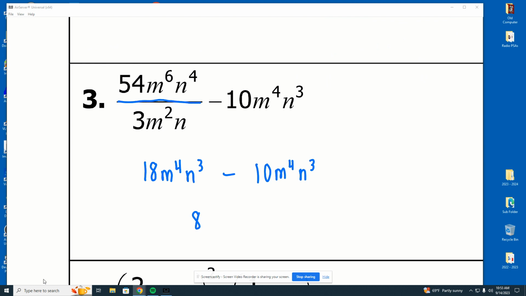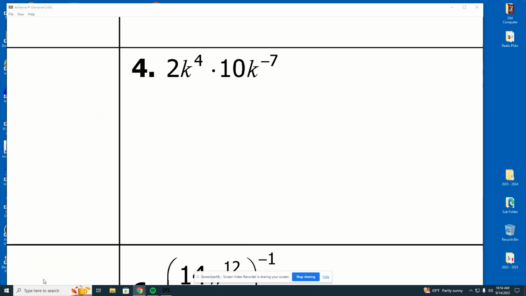No. When we add and subtract like terms, your variable stays the same. Okay? So, it's 8 m to the fourth n to the third. That's a common mistake that we make. Too much. Don't make it. Adding and subtracting like terms means your term stays the same. You just add or subtract the number. Y'all with me on that? Okay. So let's make sure we don't make that mistake moving forward.